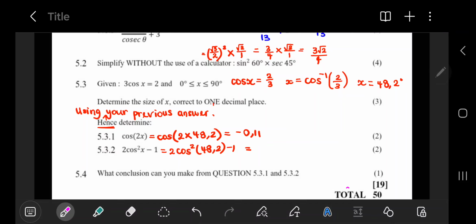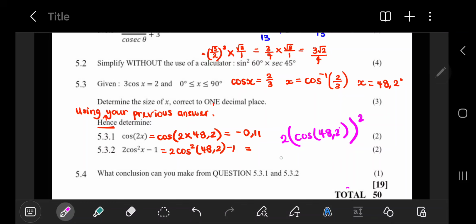Okay, but here's something that you might be confused about. How do you actually put this on your calculator? This is how we write it out, but the way you put it on your calculator is a bit different. So you're going to say 2, and when you press cos, your calculator automatically opens up the bracket, so it doesn't give you a chance to fill in the square at the top. But this is what you do for the square. The square tells you that this entire cos 48.2 is squared.